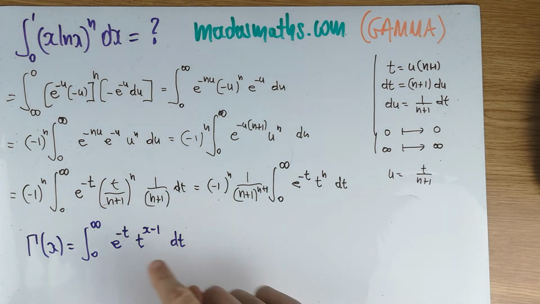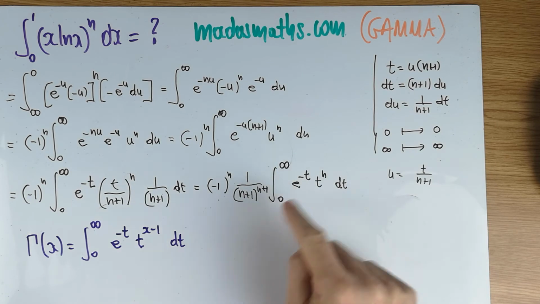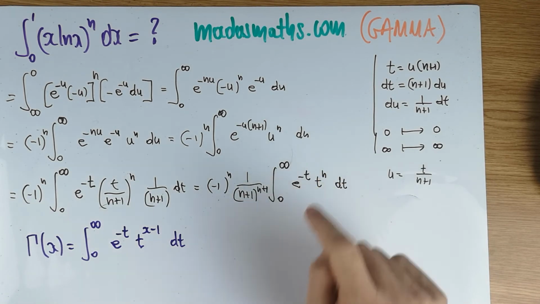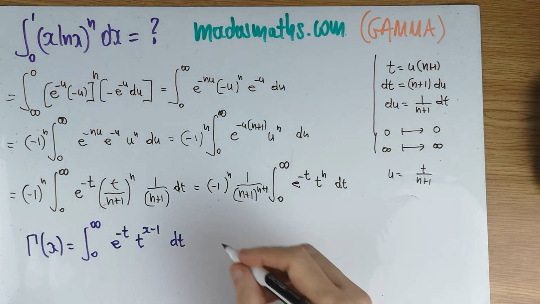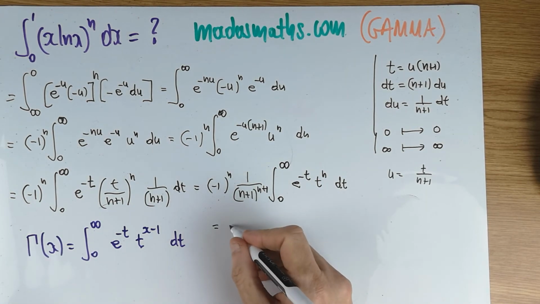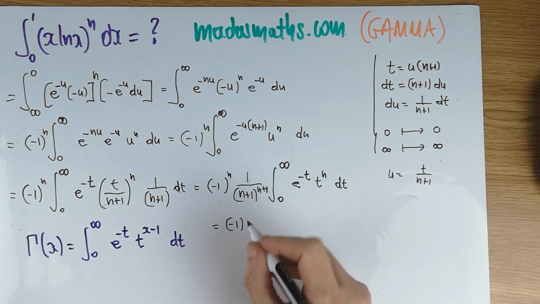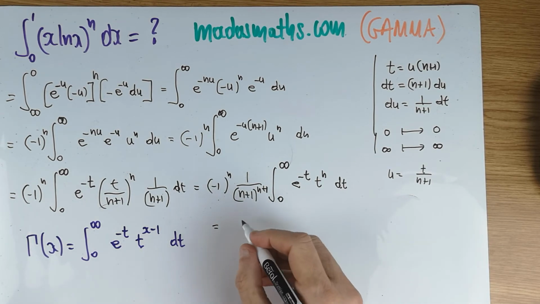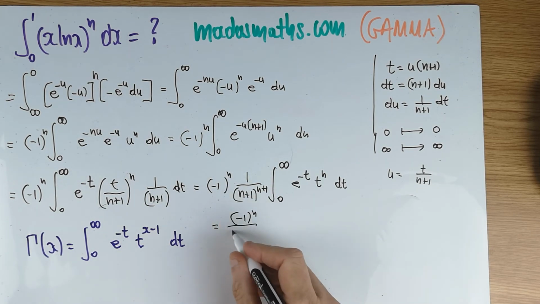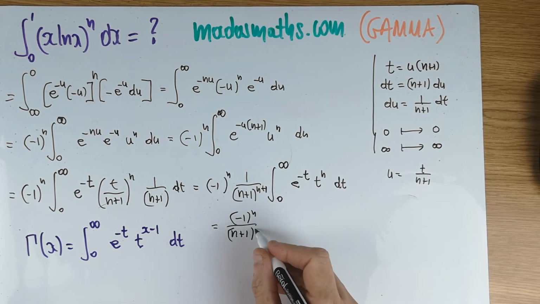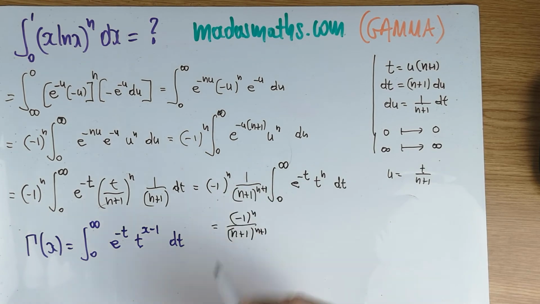So if we look at the result here, e to the minus t, t to the n, our integral here is in fact a gamma function. Let's write it a little more compactly to save space: minus 1 to the n, that bit there, n plus 1 to the power of n plus 1, that bit there.